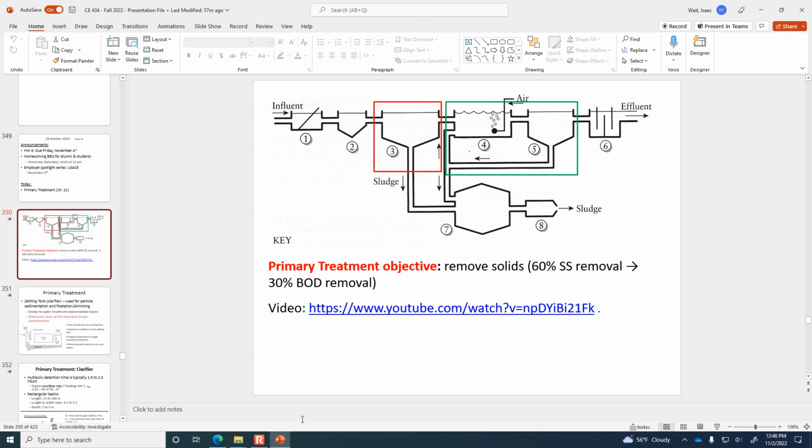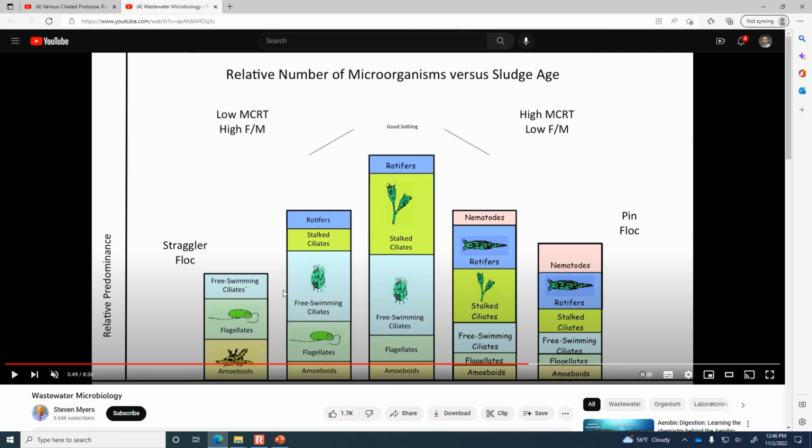And so if cells stay in the loop for a relatively short period of time, then you may not have the opportunity to see a good variety of organisms set up. So this would be characteristic of a very short mean cell residence time, whereas if you have a very long mean cell residence time, you'd have maybe an overabundance of the secondary predators.